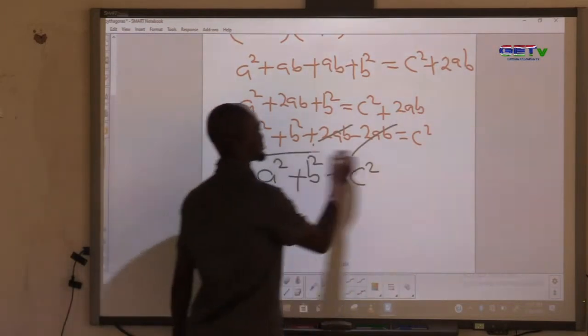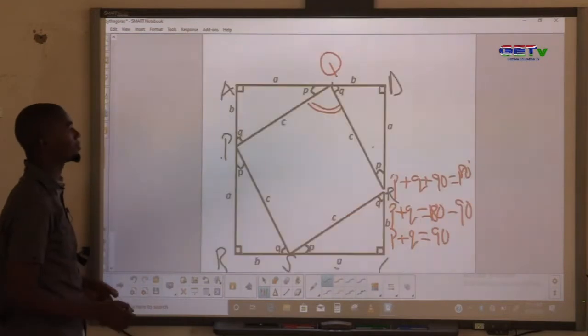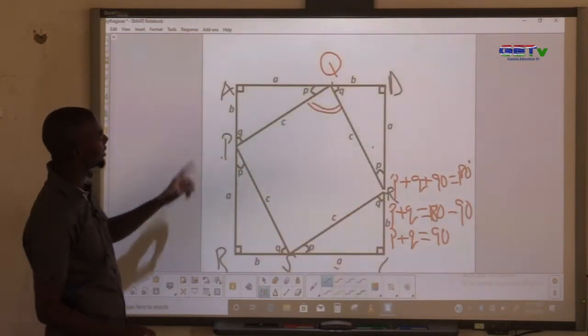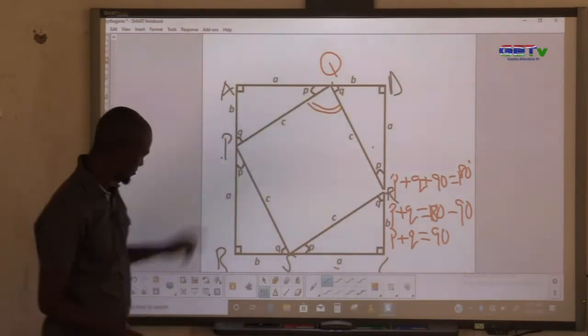Look at this properly. This should be applicable to the right angle triangles that we've collected here. Let us take a right angle triangle, for instance, the first one, AQP.